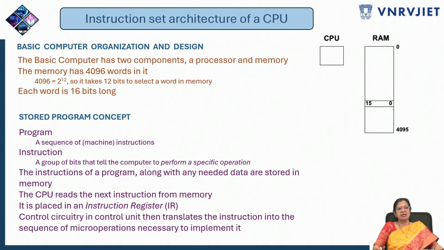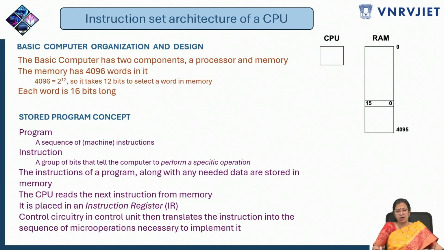The memory has a capacity of 4096 words, and each word has a width of 16 bits. So it is a very small memory, said to be 4K. Then the basic computer follows the stored program concept.